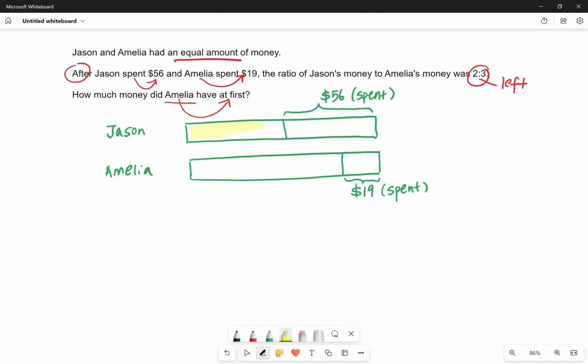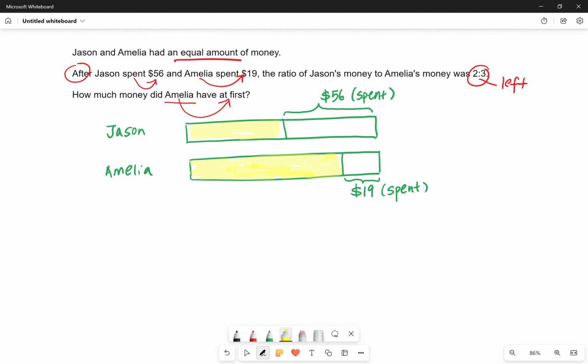Whatever is left over from the amount of money that they have spent will be the portion highlighted in yellow. So the yellow portion represents the amount of money left, which we are now going to divide into the ratio 2:3.